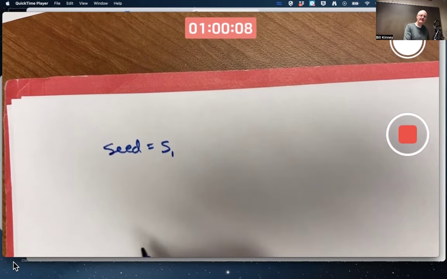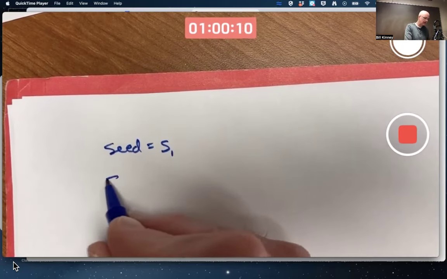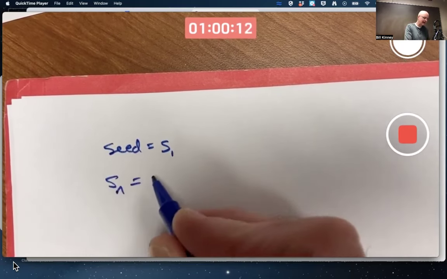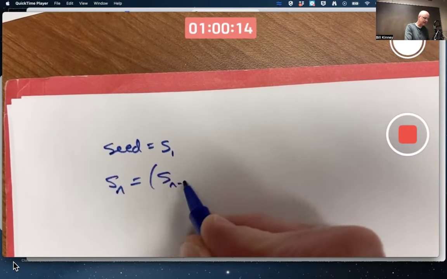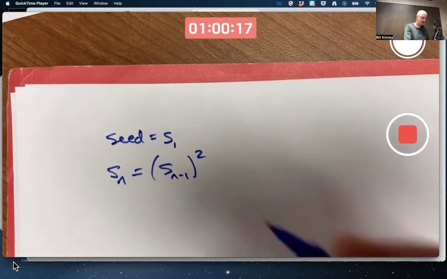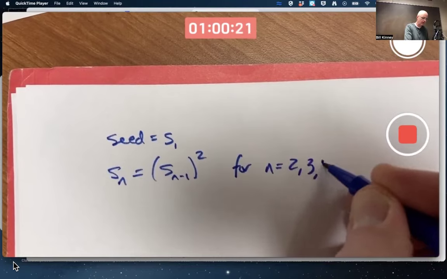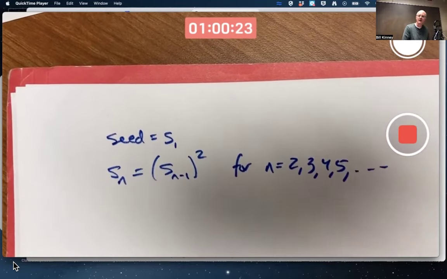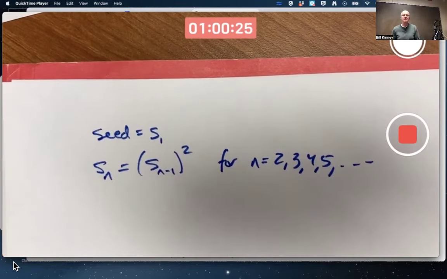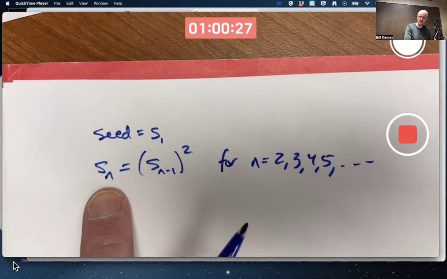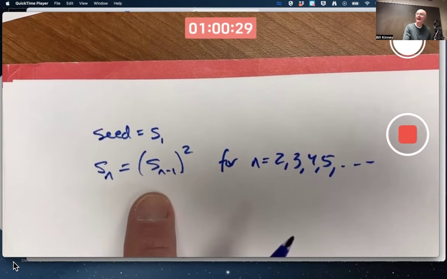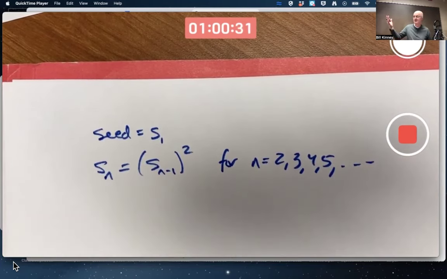And then when n is 2 or bigger, you find the next value, Sn, by squaring the previous value. You use this equation for n equals 2, 3, 4, 5, etc., not when n is 1. Because if n were 1, we'd be saying S1 is S0 squared, and we don't have an S0, though we could if we decided to. That's an indirect formula.